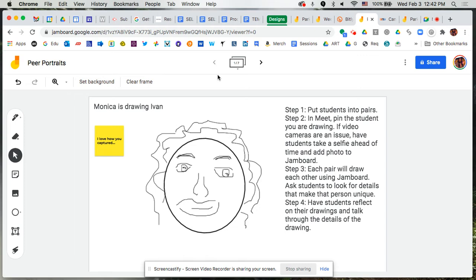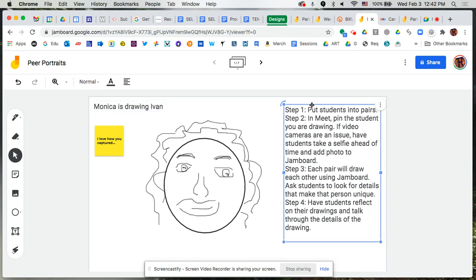You can see here up at the top left, the idea is to have your students name the different board they're on. So here Monica puts her name and she's saying she's drawing Yvonne. That's the person she's been assigned. And then she's going to use the board here to draw that drawing. You're welcome to, of course, use the side here on the right to put instructions like I have here for you in this instance.